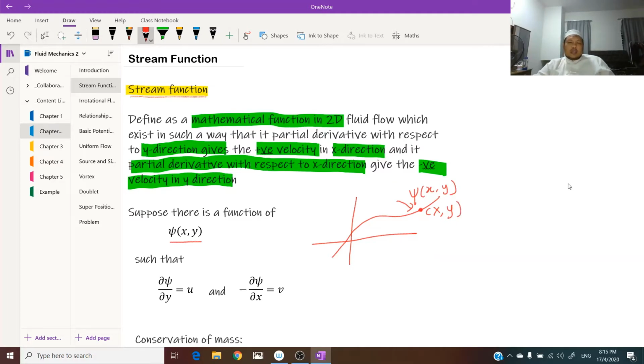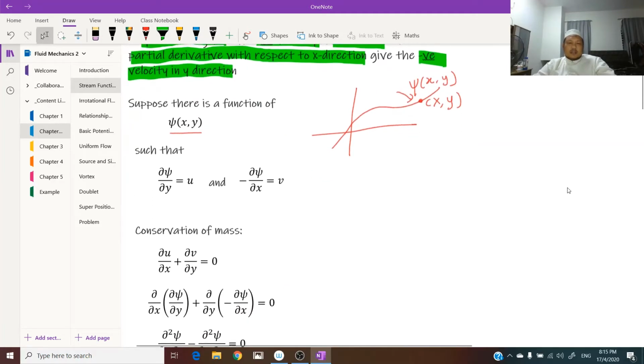Such that if we differentiate the stream function with respect to y, we get u, and if we differentiate the stream function with respect to x, we get the negative v, which is the negative velocity in the y direction. We can also write this as ∂psi/∂x equals minus v.